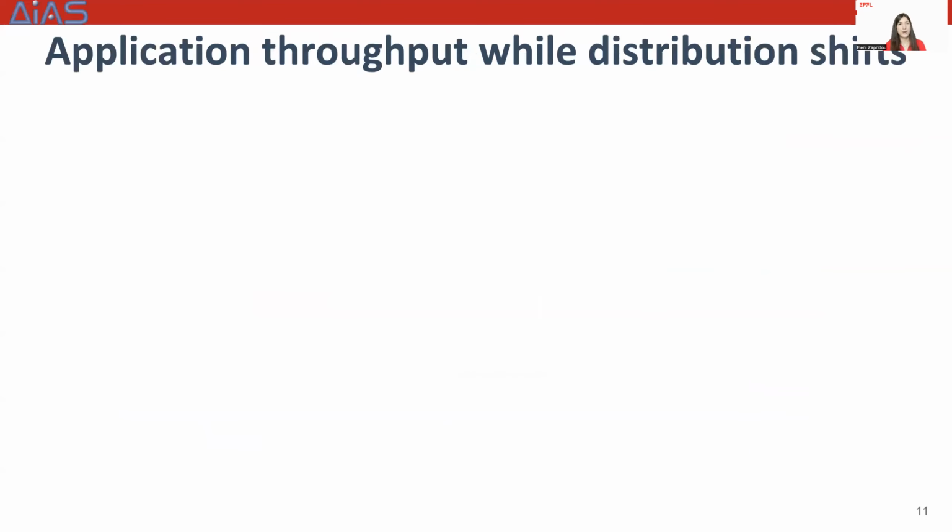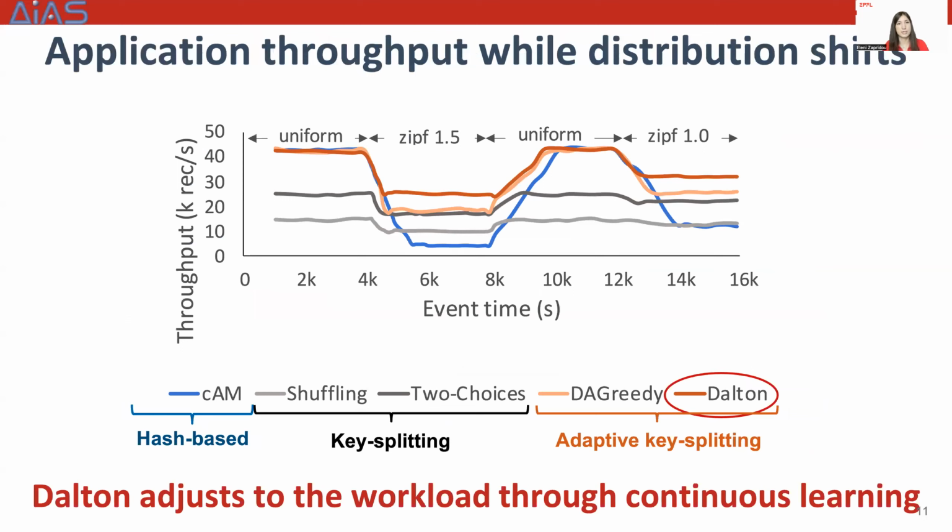Next, I want to show an experiment where the data distribution is changing at runtime. Here we have on the x-axis the event time in seconds, and on the y-axis the throughput in thousands of records per second. The distribution changes from uniform to skewed, and then again uniform and skewed. What we can see is that the hash-based approach performs the best when the data distribution is uniform, but it is actually the worst approach when the distribution is skewed.